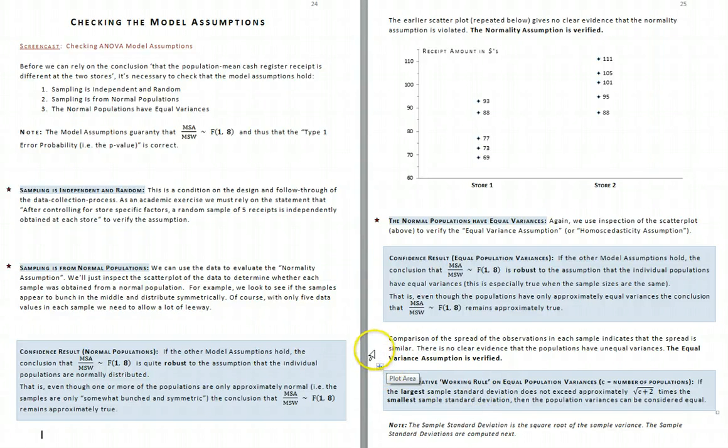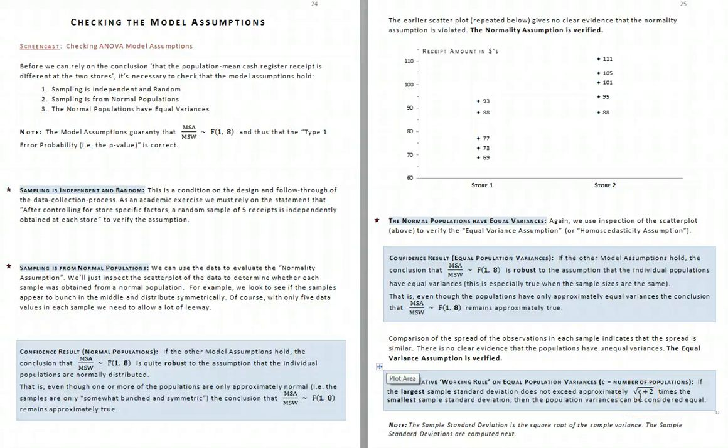Sometimes in closer calls, this conservative working rule on equal population variances is useful. It says, if the largest sample standard deviation does not exceed approximately the square root of C plus 2 times the smallest sample standard deviation, then the population variances can be considered equal.